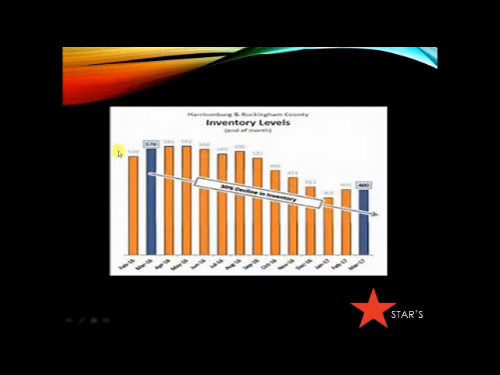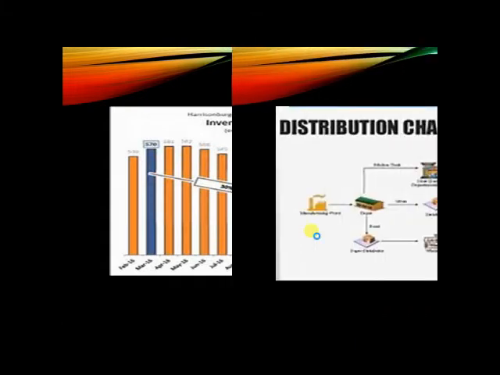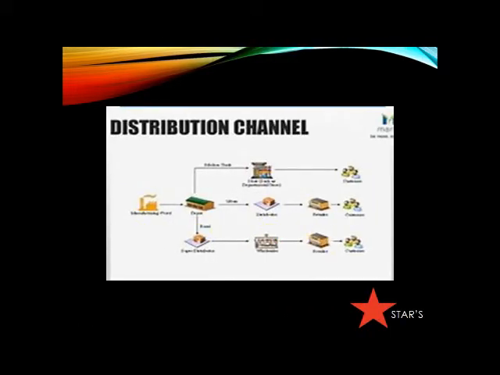Now we have inventory level. The level of inventory can be predicted by analyzing the past and current sales level, competition and economic situation. As we can see in the diagram, we have different month-wise inventory levels, which are decreasing. Now we have distribution channel.